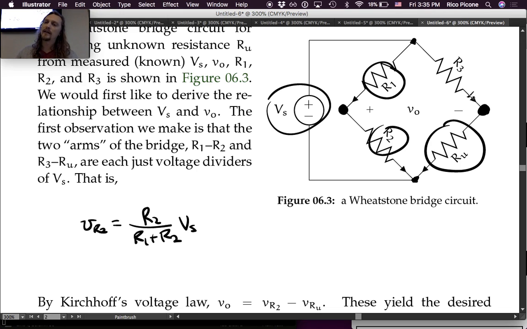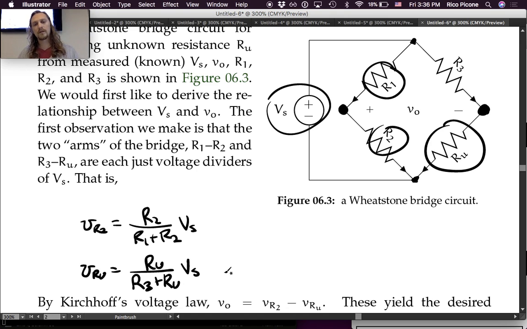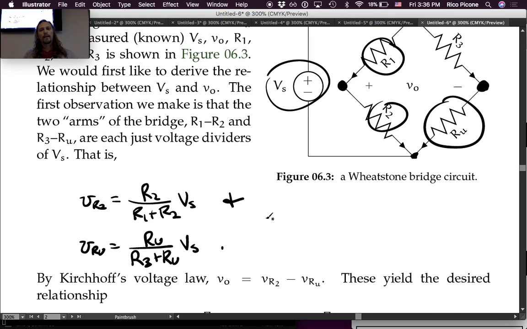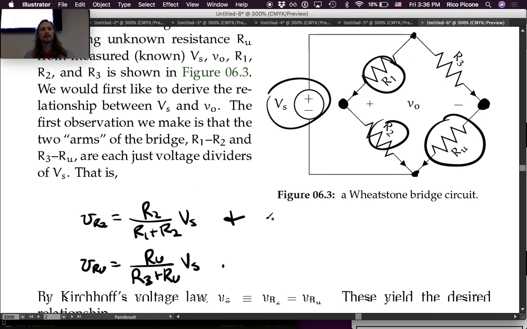The other arm has VRU equals RU divided by R3 plus RU times Vs. So those are the two voltage divider equations.